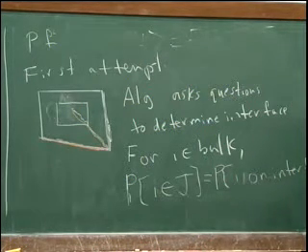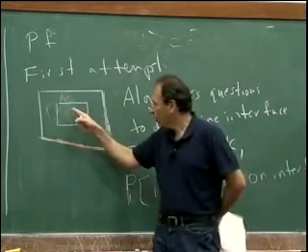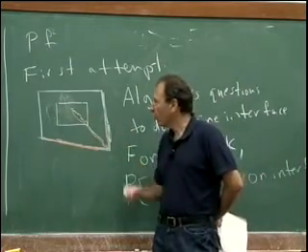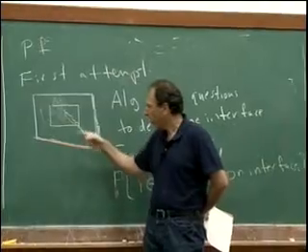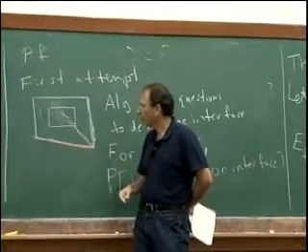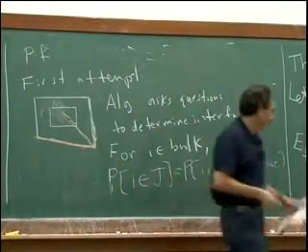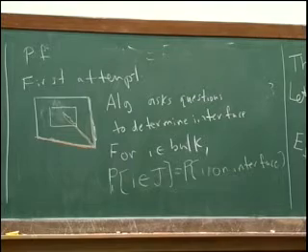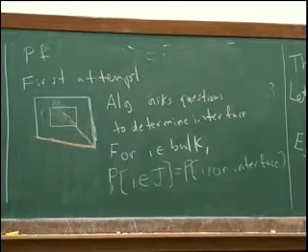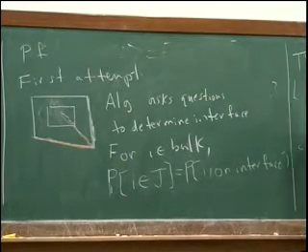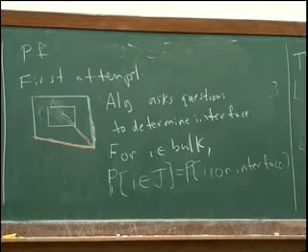But if you fix this location i, what's the probability you have a white path and an orange path to, say, distance n over 2 away? Well, that's exactly what you just saw in the previous lecture.